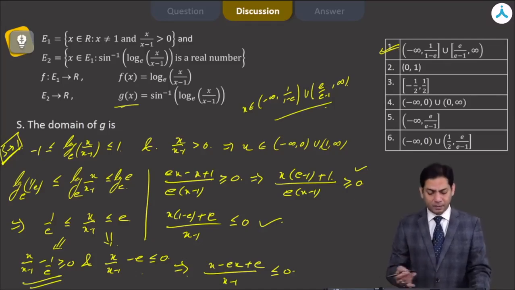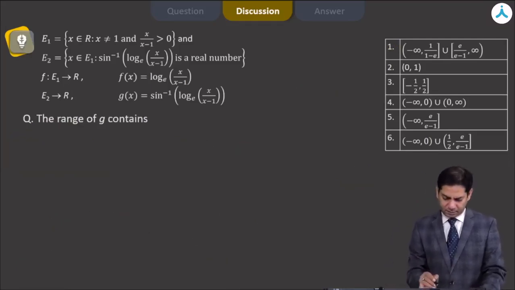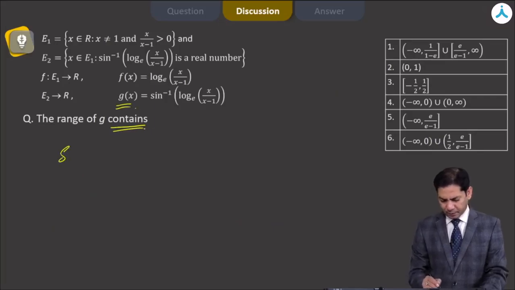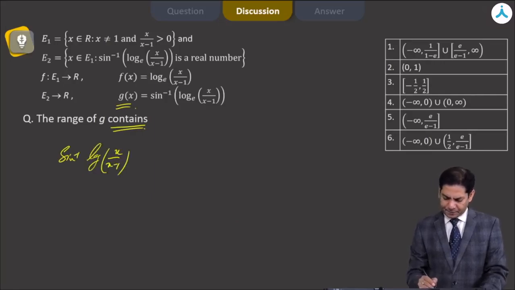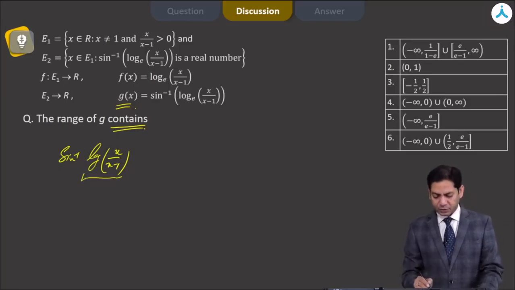But let's take the fourth part also. That is, the range of G contains. Now G function is sine inverse log of x upon x minus 1. We have already calculated the range of this function.